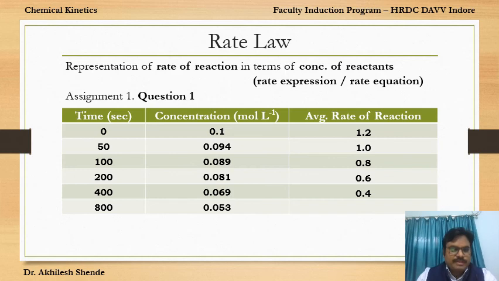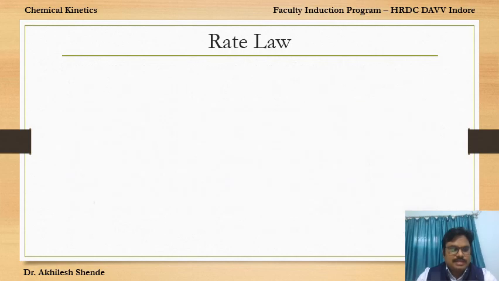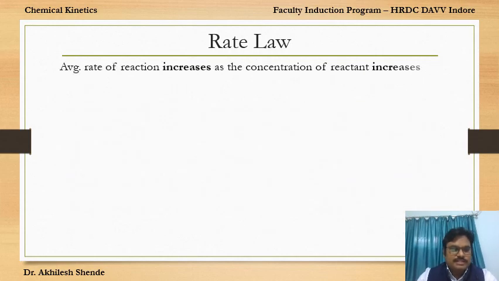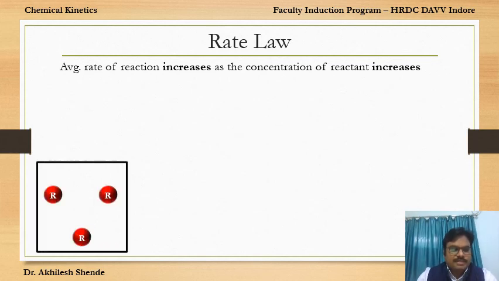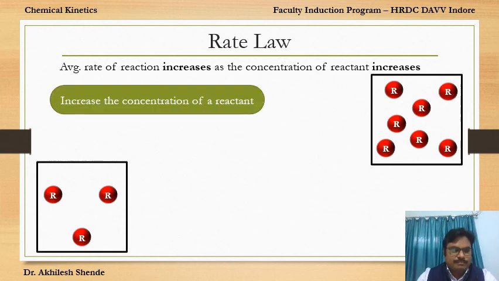From this table, we can see that as the concentration of reactant decreases, the rate of reaction also decreases. Similarly, the rate of reaction increases as the concentration of reactant increases. Suppose initially there are a small number of reactants, and if we increase the number of reactants, then what will happen?